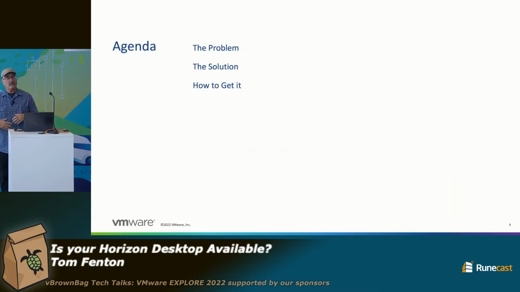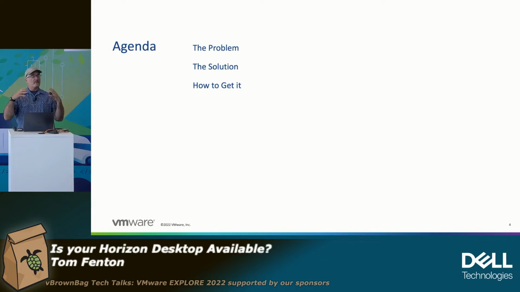So first, let's talk about the problem that we had. The past 2-3 years have been pretty crazy. We moved everyone from working in the office to working at home. We gave them a new set of tools. And for the most part, this new set of tools has worked fantastic: virtual desktops, SaaS-based applications.